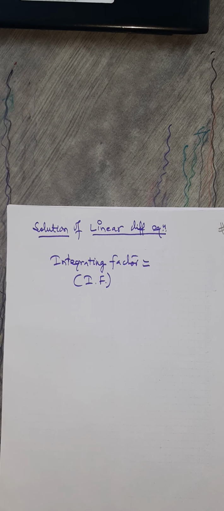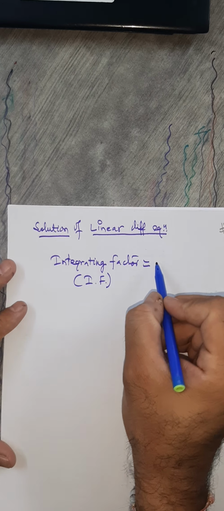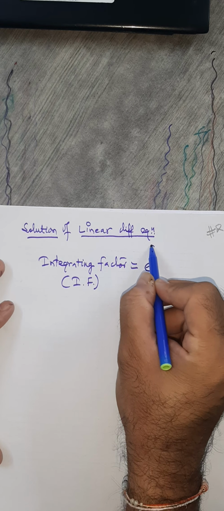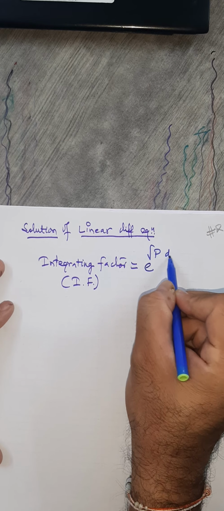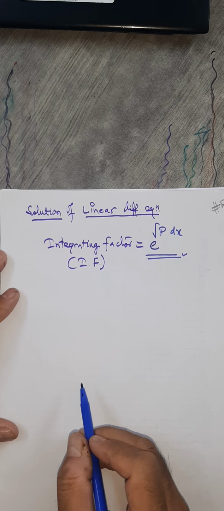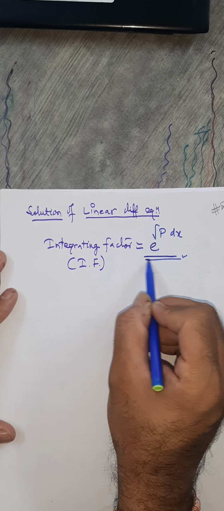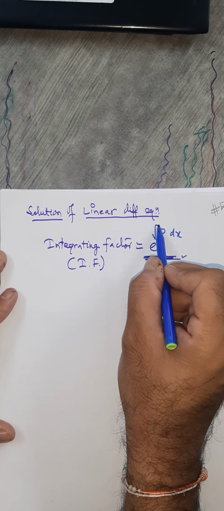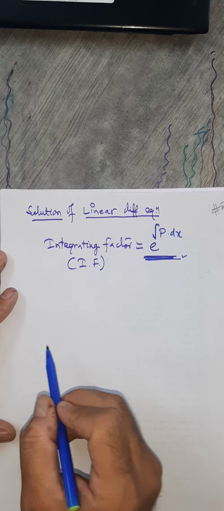What is the integrating factor here? That depends upon P, remember. I'll just write it, you can refer to the textbook for why. Here it is given by e raised to the integral of P with respect to x. This is called the integrating factor. It is required to solve the differential equation, but here you have it directly as e raised to integral of P, remember.